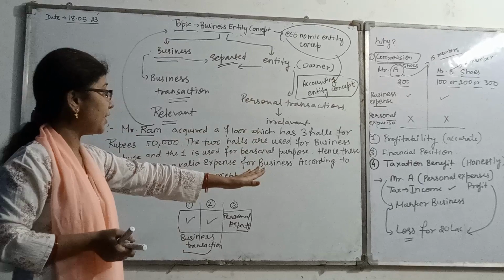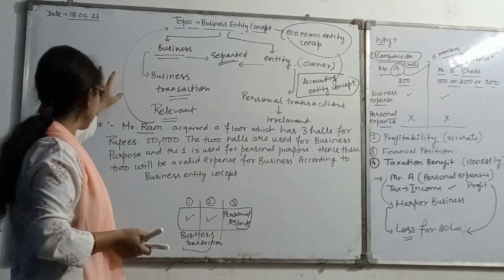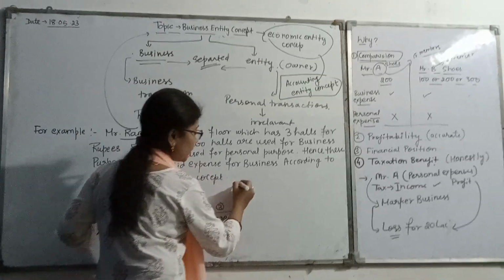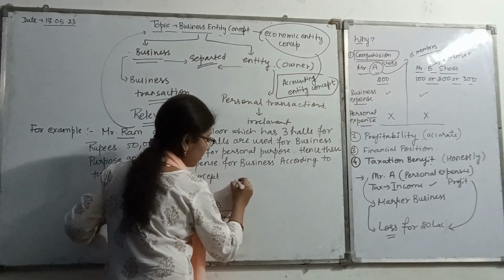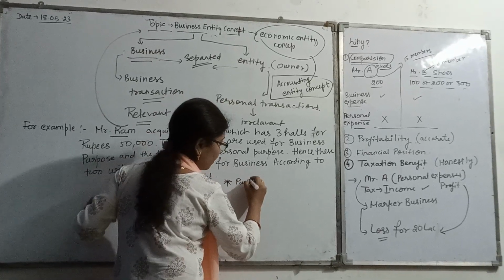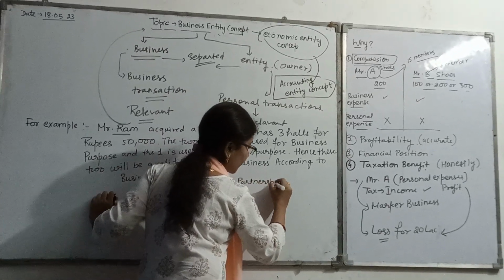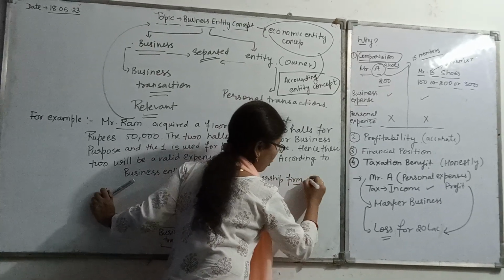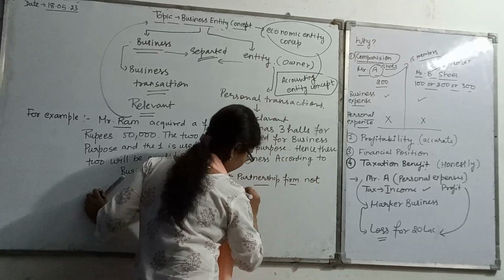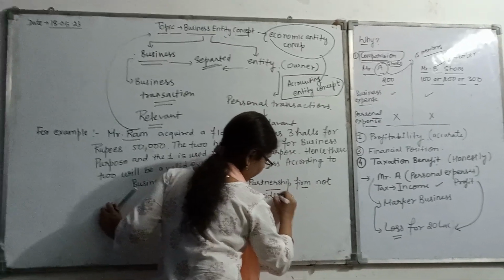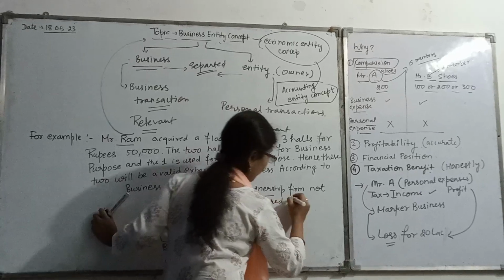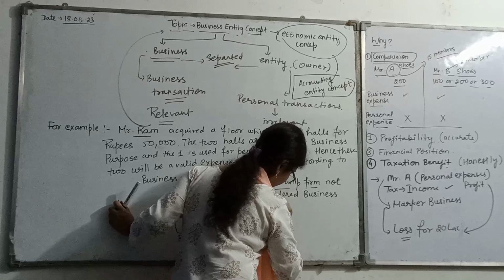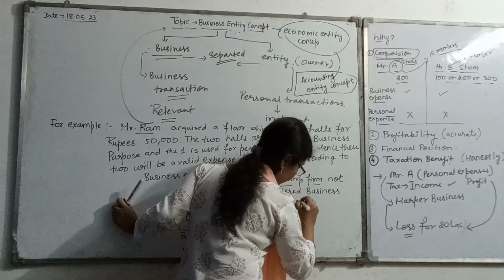These are the benefits, and this is the definition and this is the example. The last point I would like to discuss is the partnership firm. A partnership firm is not considered under the business entity concept.